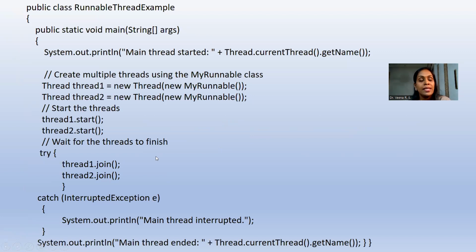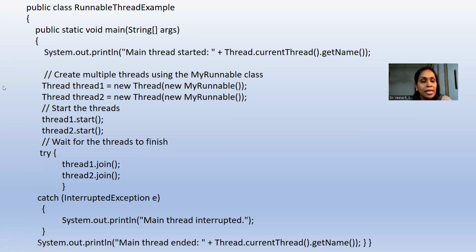So here we are trying to create two threads, thread1 and thread2. And thread1 and thread2 are nothing but of type Thread. They cannot be of type Runnable, because we cannot instantiate Runnable.